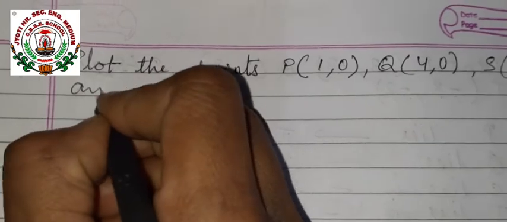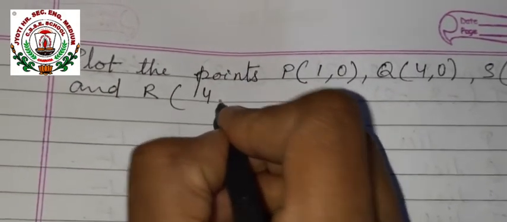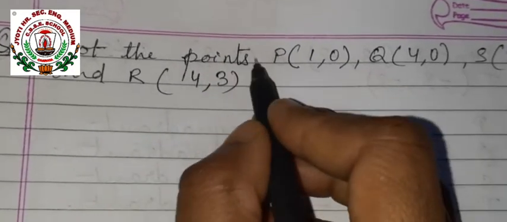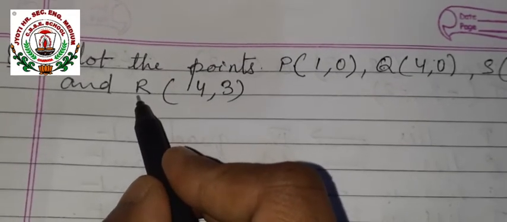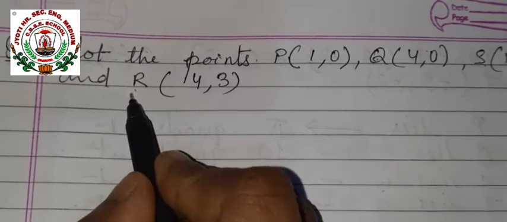And R (4, 3). Okay. So these are the points P, Q, R, and S. The points are given.